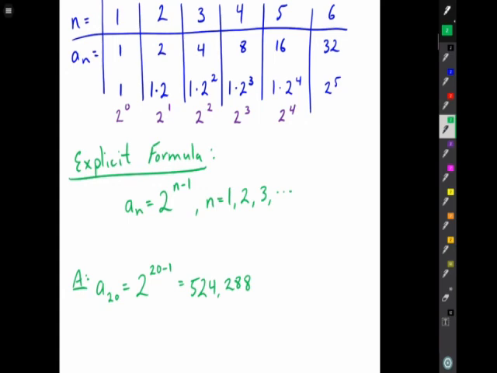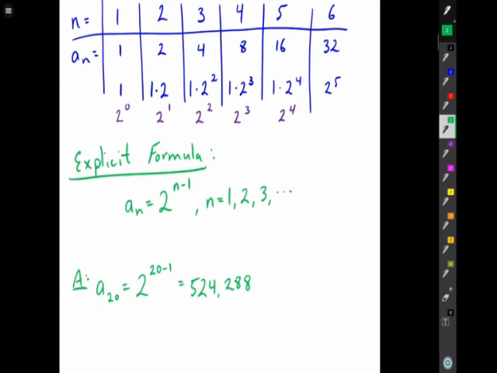Again, it really depends on what you're doing, what your operations are. Again, the best thing about an explicit formula is you can pick out the value of any point in the sequence at any time.